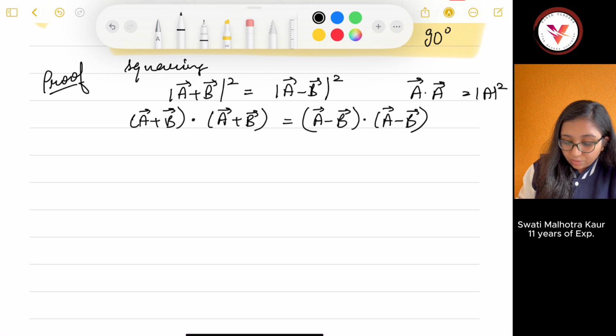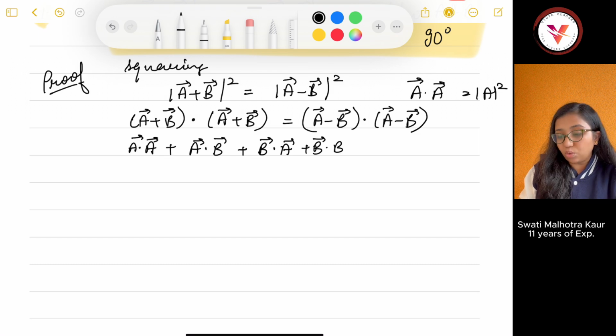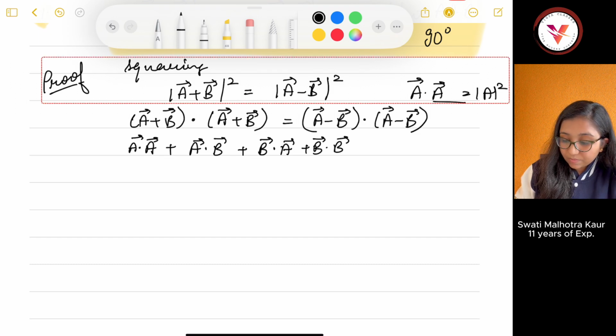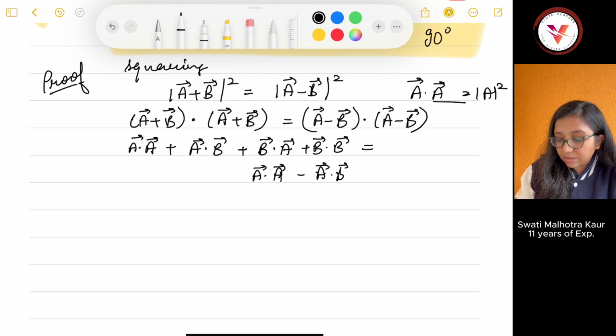Okay, so this gives you A dot A plus A dot B, plus, again, B dot A, plus B dot B. This A dot A and B dot B can be written as magnitude of A whole square, like this, magnitude of B whole square. Now it's minus, so I'm using the distributive property here, minus A dot B, again minus B dot A, and then plus B dot B vector.